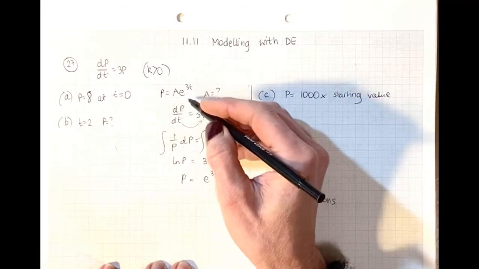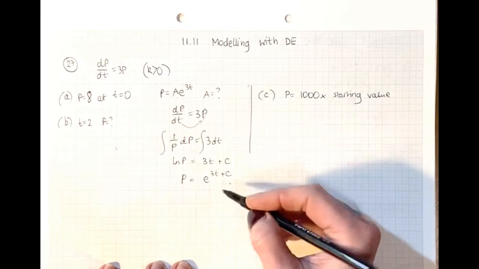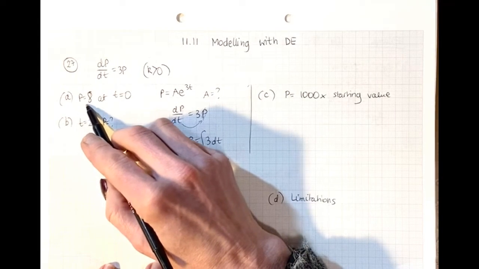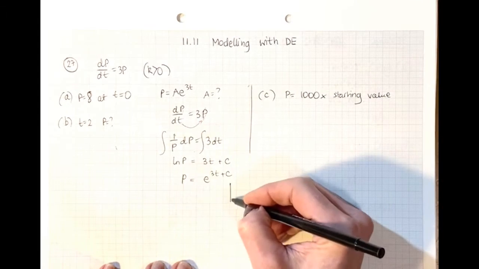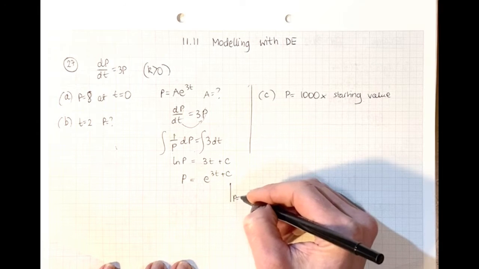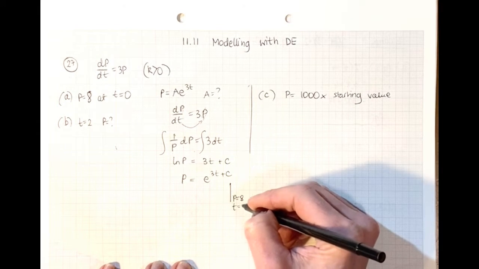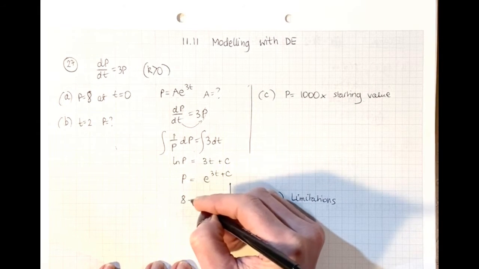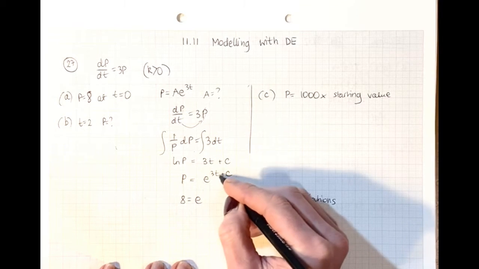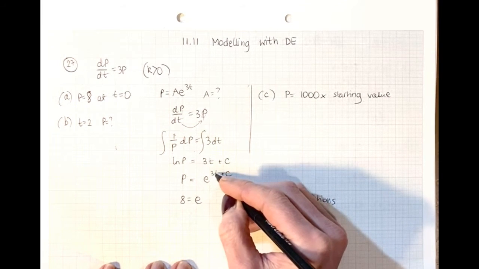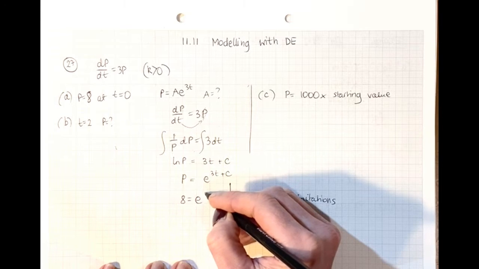So let's find what c is, and that is going to be found by using P is equal to 8 at time 0. So 8 is going to give me e to the power of 3 times 0 plus c.